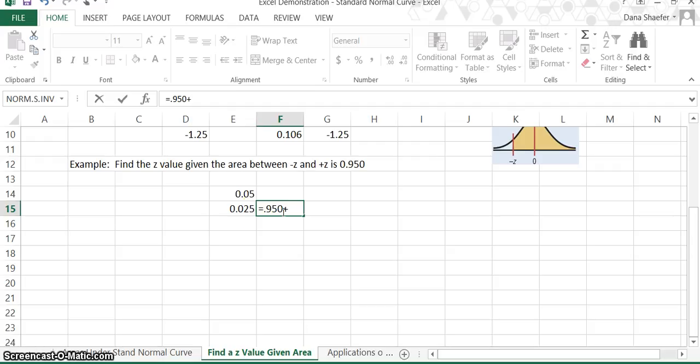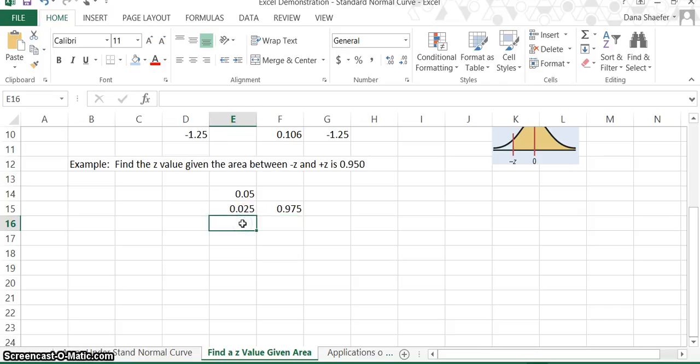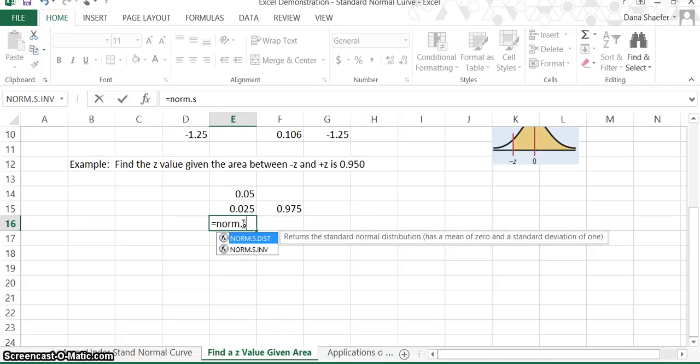On the other side, at the positive z, that's going to be 0.950 plus this piece, right? So 0.975. So the z-score that goes along with this one, let's calculate that. It says find the z-value given that area. So the one z-value, we'll say equals NORM.S.INV of this.